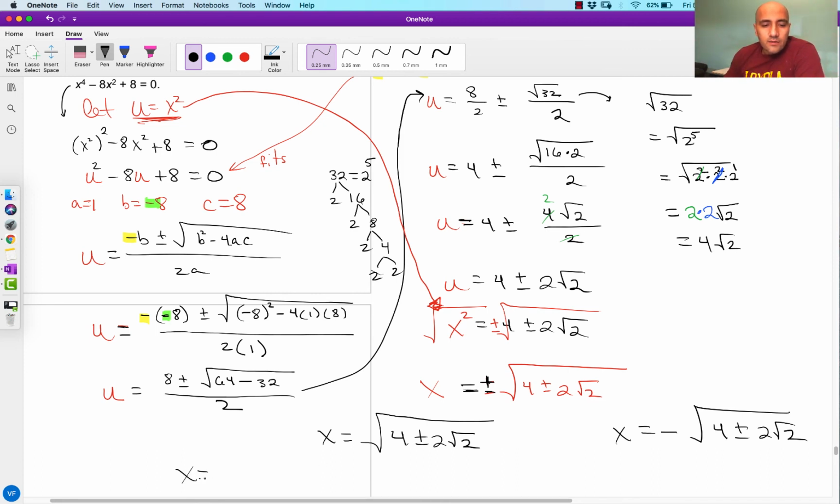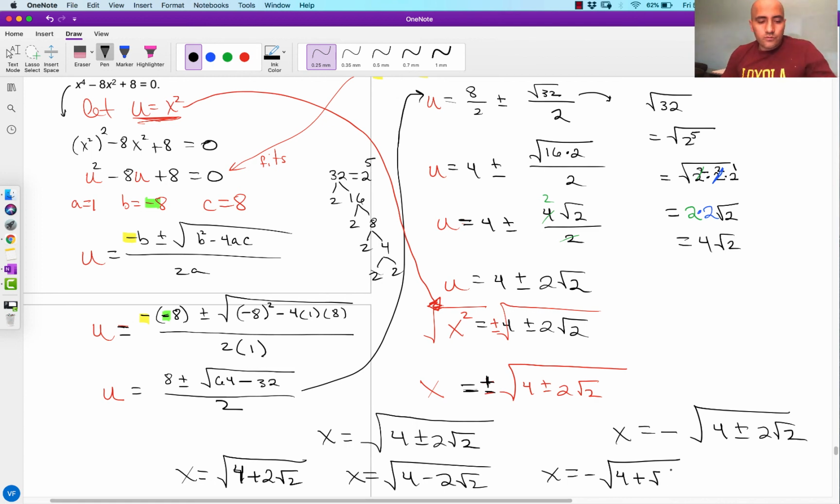Either x equals the square root of 4 plus 2 root 2, or x equals the square root of 4 minus 2 root 2, or this one leads to 2 possible answers, x equals negative the square root of 4 plus 2 root 2, or x equals negative the square root of 4 minus 2 root 2.